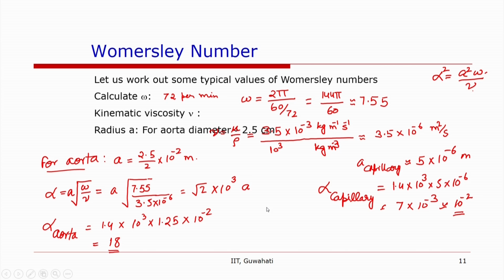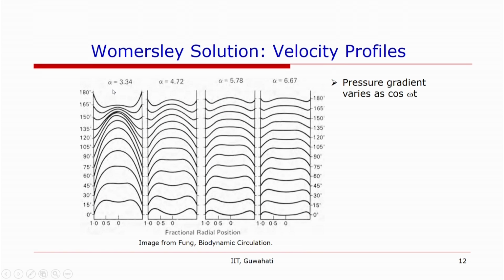Okay. So now let us look at some of the velocity profiles in the channel. These velocity profiles have been plotted for 4 different values of alpha: 3.34, 4.72, 5.78, 6.67, and in these 4 cases the velocity profiles have been plotted for different values of omega t.